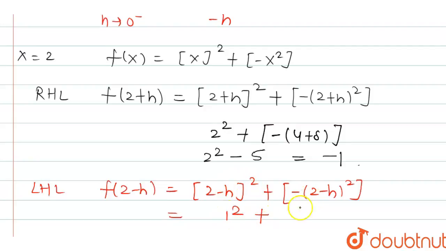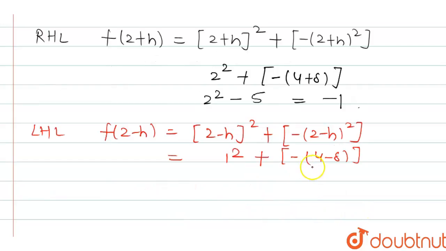And the square of it is a little less than 4, written as 4 minus delta, so the greatest integer of minus (4 minus delta) equals minus 4. So this is 1 minus 4, which equals minus 3.